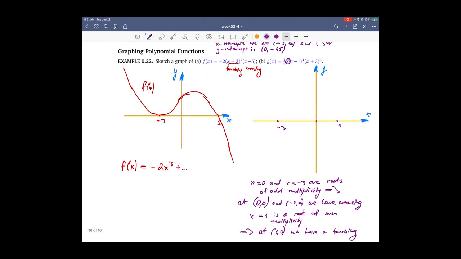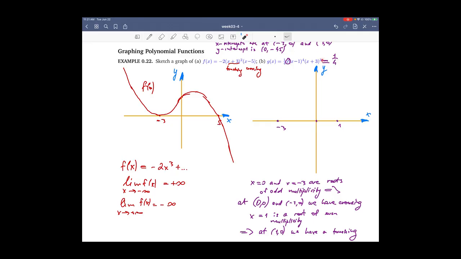Now, how about the end behavior? So let me write again here. The end behavior here was at negative infinity, we have positive infinity, and at positive infinity, we have negative infinity. The end behavior of g is again determined by the leading term of g, which is 1/4. If you were to expand all parentheses, here the highest term will be x to the 4th power.